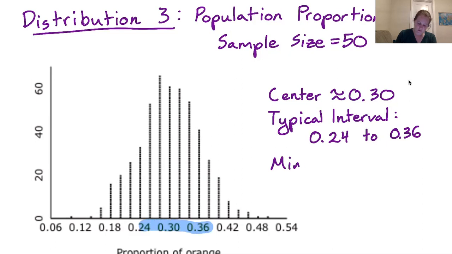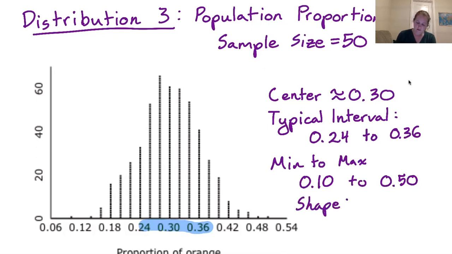Our min to max, it looks like we have one around 0.10, up to about 0.50. And once again, the shape appears to be normal.